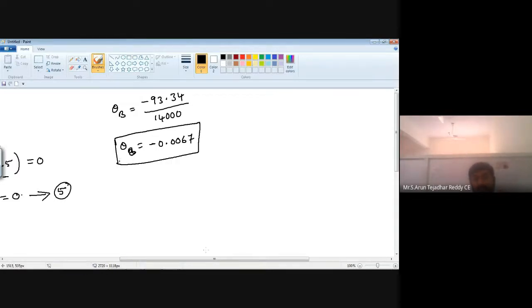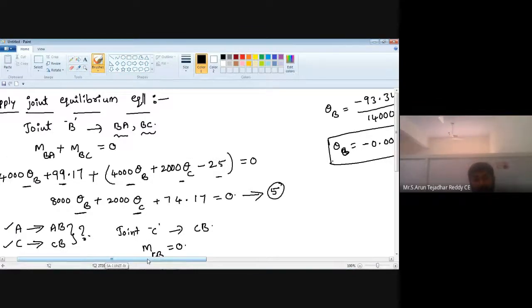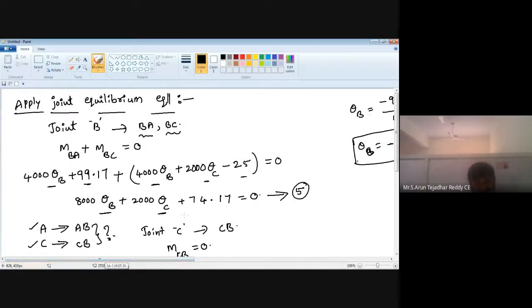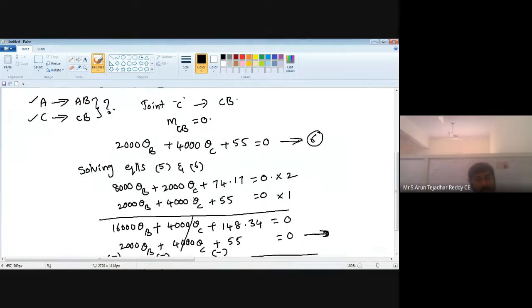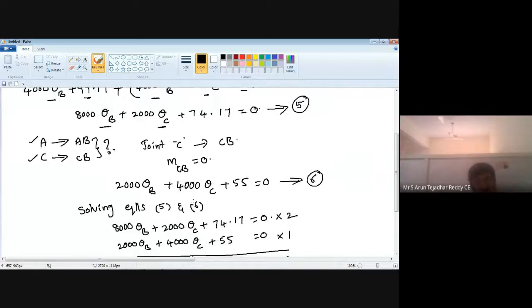This is our theta B value, but we have another unknown term, that is theta C. Very simple. Whatever value we got for theta B, you can substitute in either equation number 5 or equation number 6. Then you will get the theta C value.